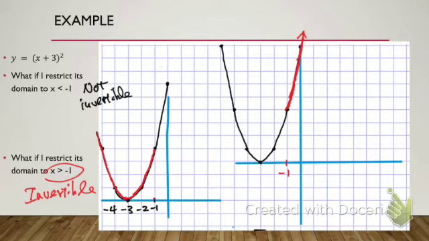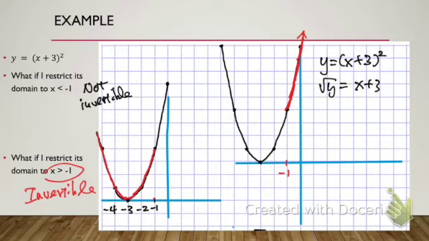All right, so just for completeness, let's see if we can find the inverse function given its domain restriction. You remember the procedure of how to find the inverse. I'm going to start with y equal to (x plus 3) squared, and then I want to express x in terms of y. So I'm going to take the square root of both sides. So root y would be x plus 3.